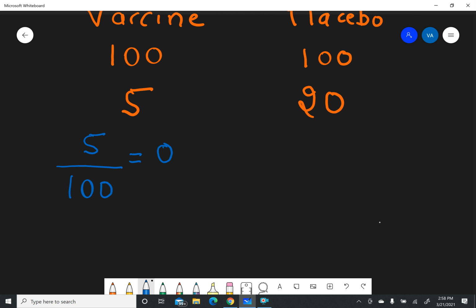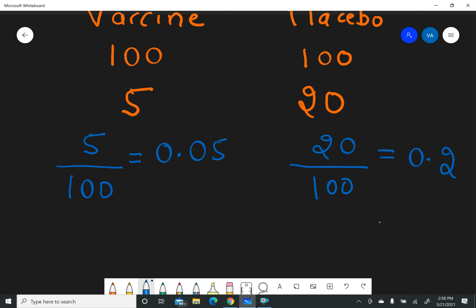Now I'm going to convert this to a decimal, which is 0.05. And in the placebo group, 20 people got infected out of 100, which is 0.2.